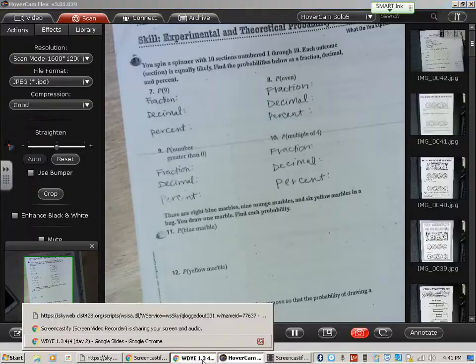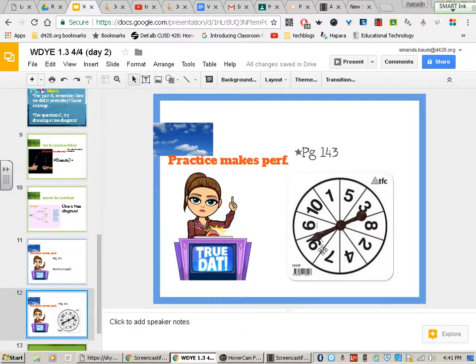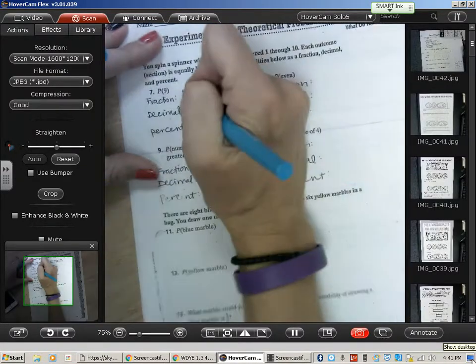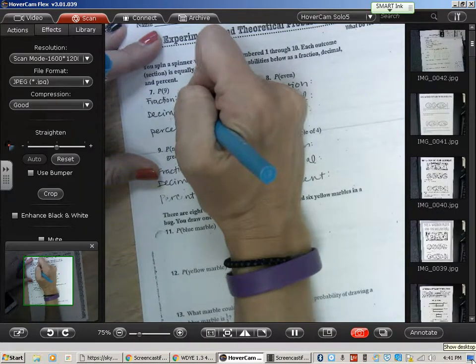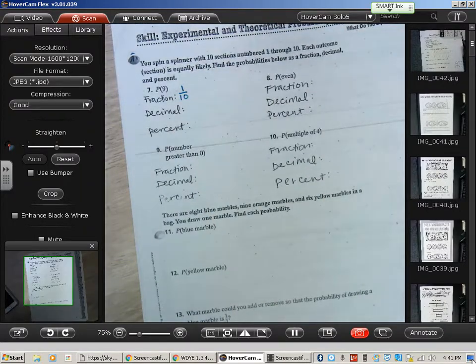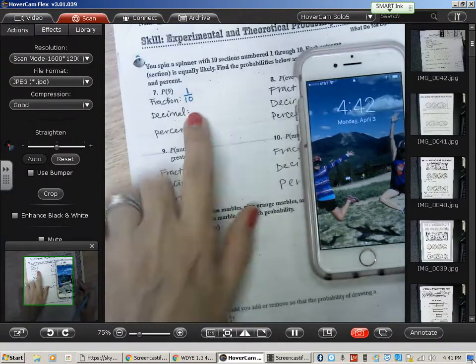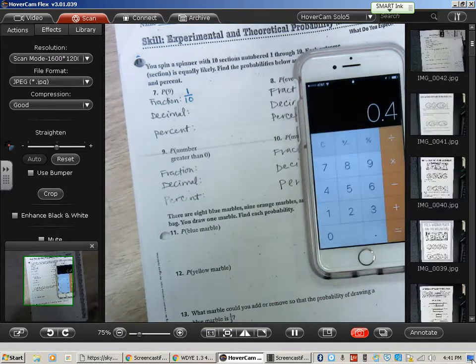So when we're looking at that spinner, there are 10 total spaces, and one of them is 9. So that means 1 out of 10. You have a 1 out of 10 chance of it landing on 9. So now we need to write this as a decimal. So I know my decimals, and I know that I can just put a 0.1, but I want to show you in case you're not sure.